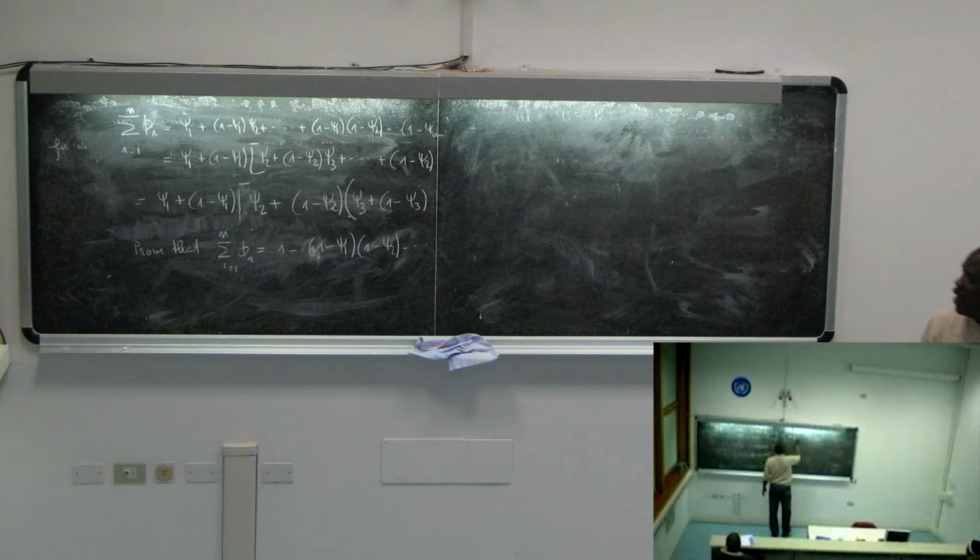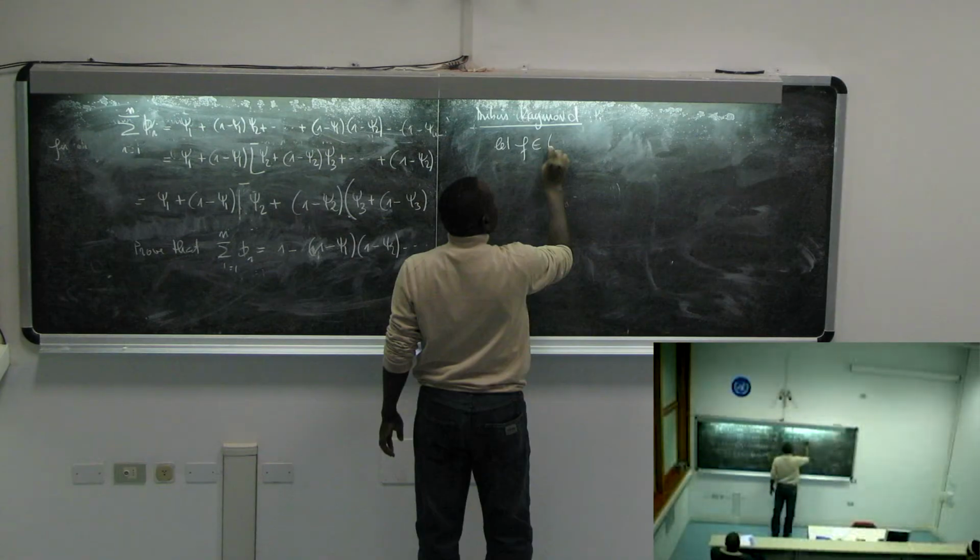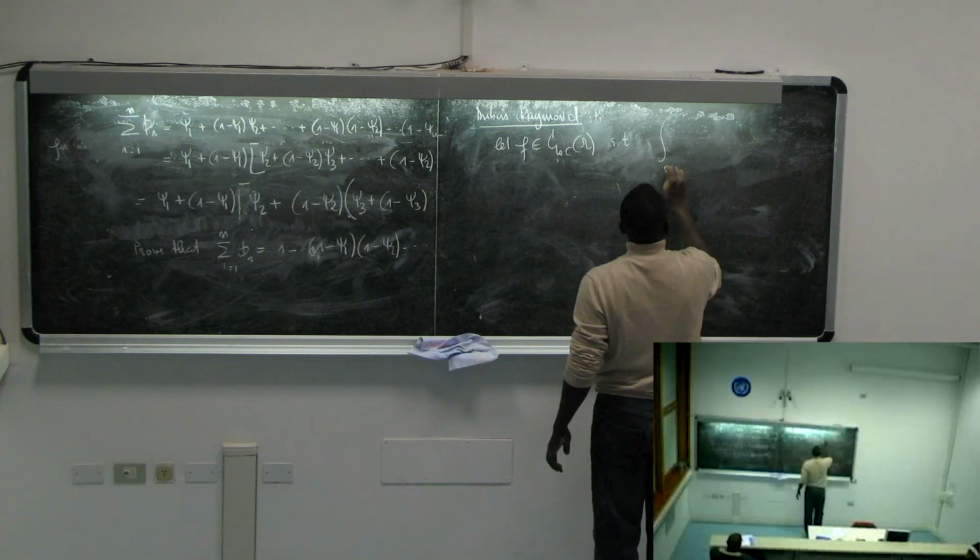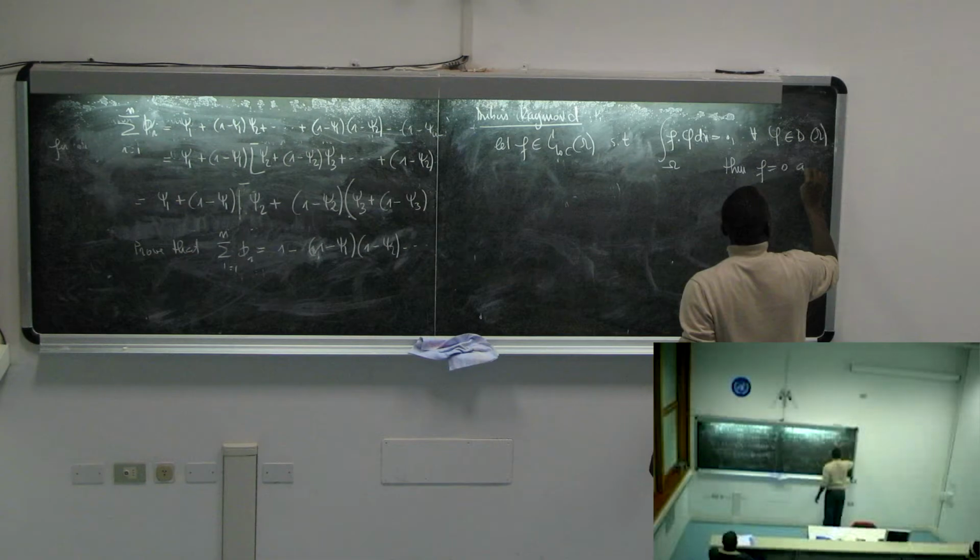Let f be an L1 loc function, meaning f is integrable on any compact set, such that the integral over omega of f times phi dx is equal to 0 for any phi belonging to D of omega. Then f is equal to 0 almost everywhere.